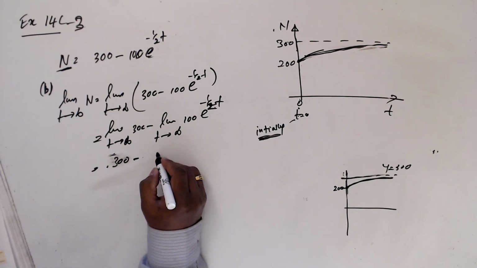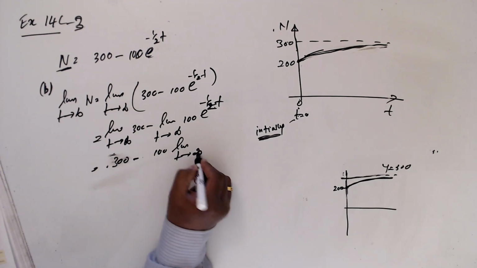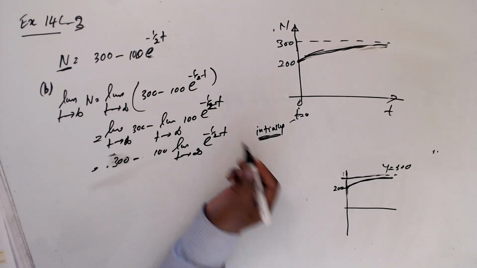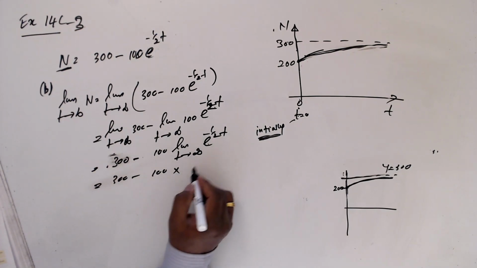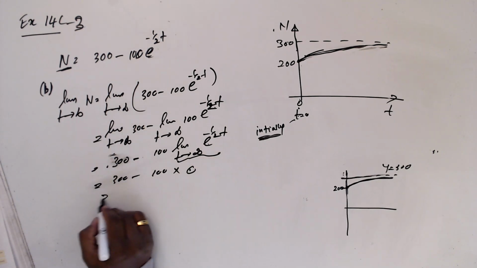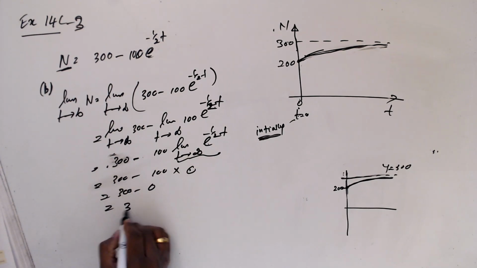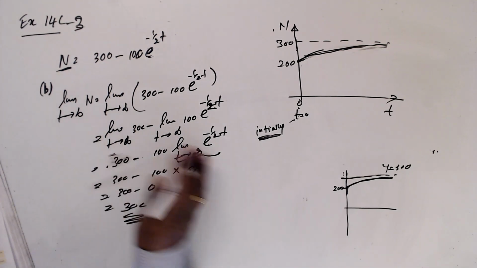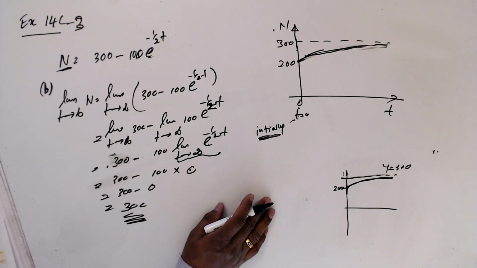If you want, I can write one more step. 100 times the limit as t goes to infinity of e^(-t/2). So 300 minus 100 times this part, which is 0. So 300 minus 0. This is very beautiful when they write like this, but that's fine.